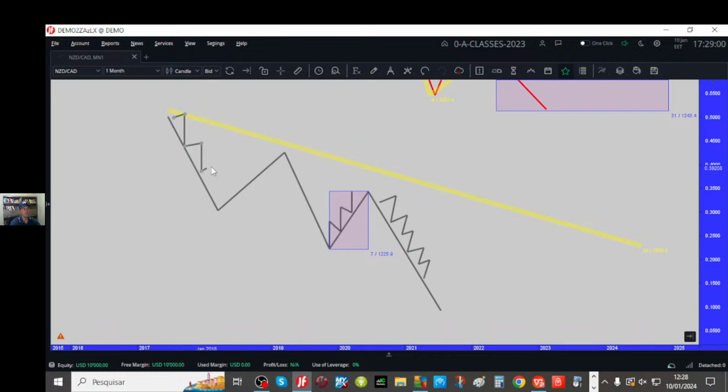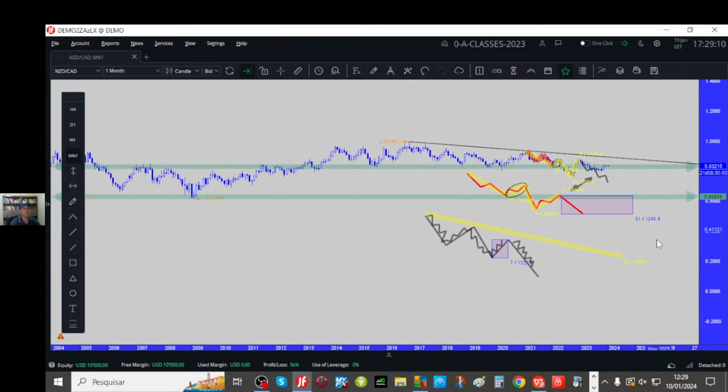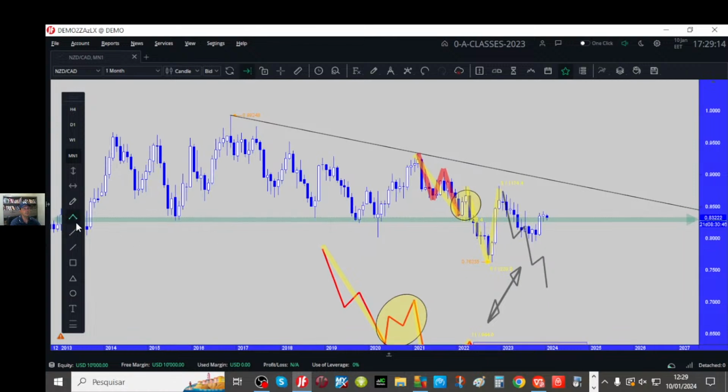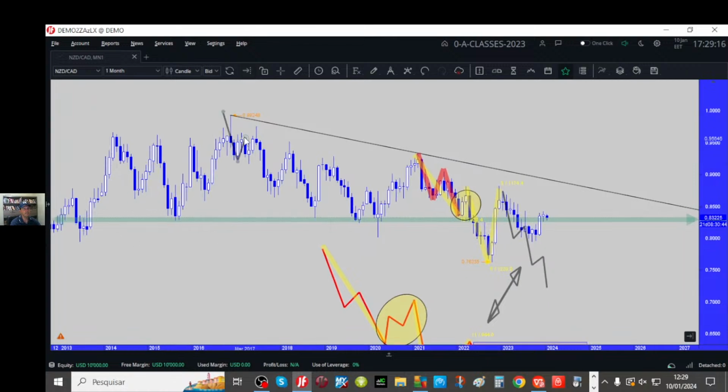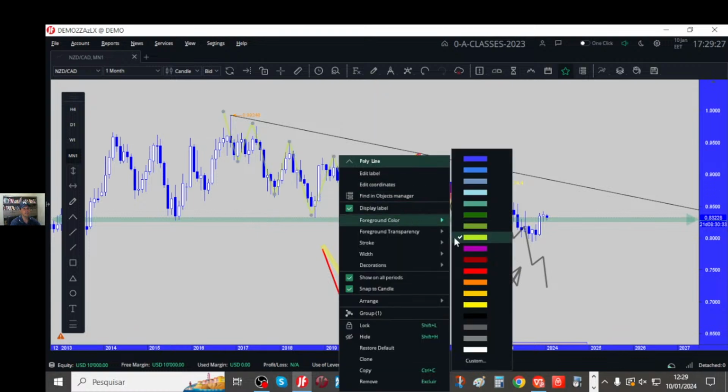It has an extension, then it goes into a retracement, and then it goes into a next extension again, and so on and so on and so on. And if you look at Anne's Decade monthly chart, extension, retracement, extension, retracement, extension, retracement, extension, retracement, extension. Can you see it, everybody?